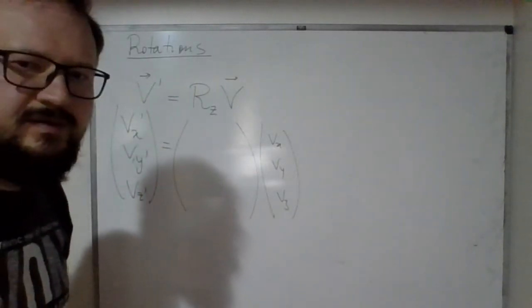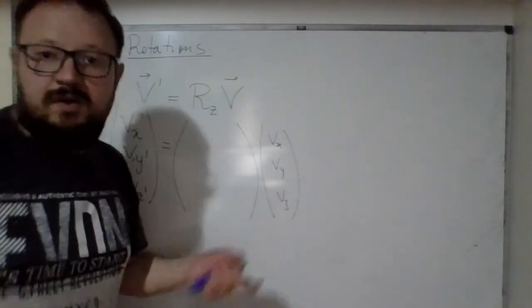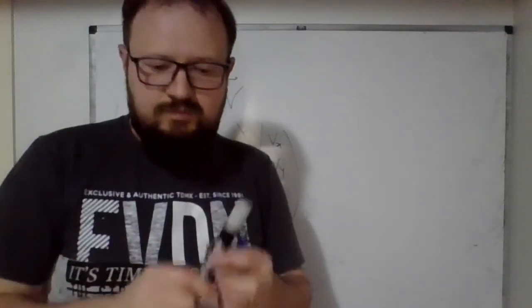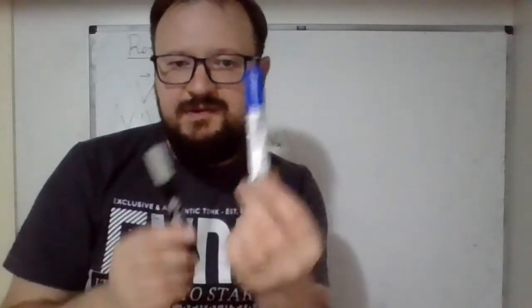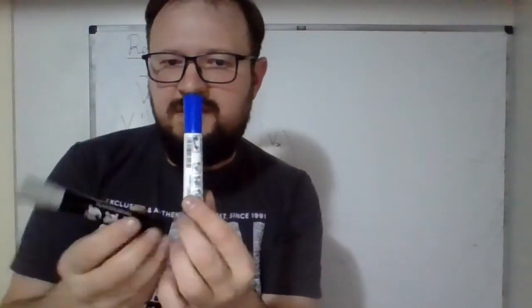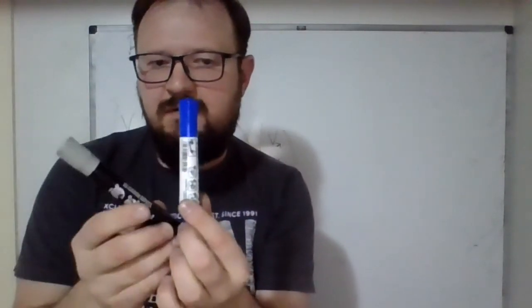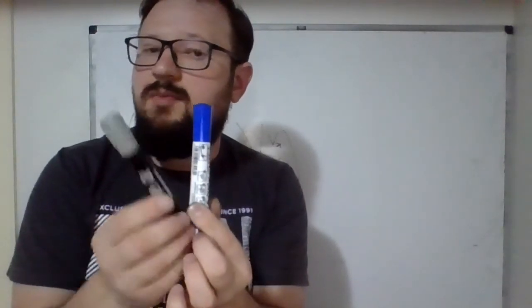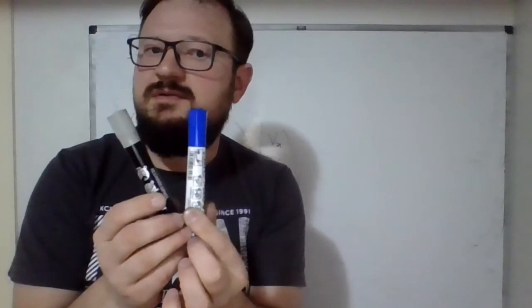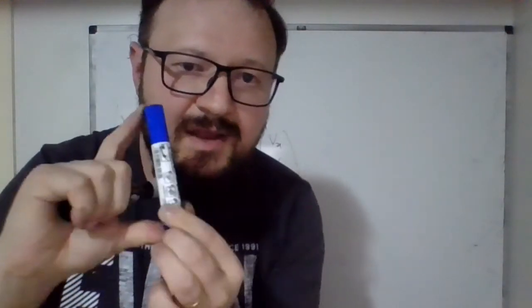You plug in the original vector, but you already know that if you rotate around the z-axis, and you rotate this vector around the z-axis, the z component does not get mixed with the other components. When you rotate something around one axis, the component along that axis remains unchanged.